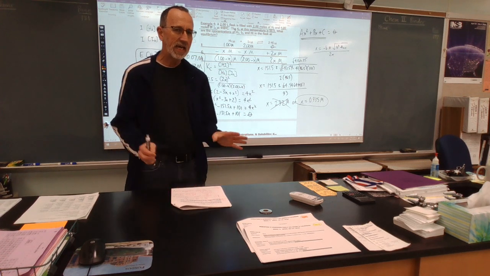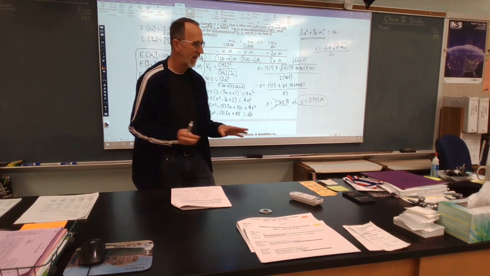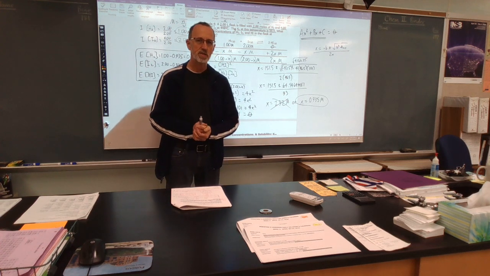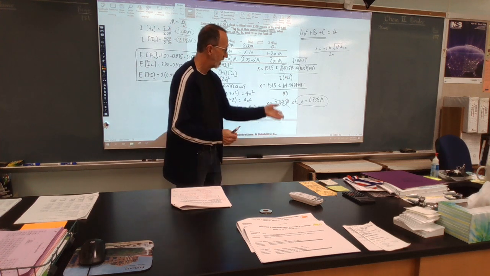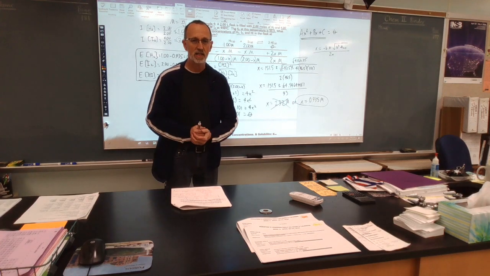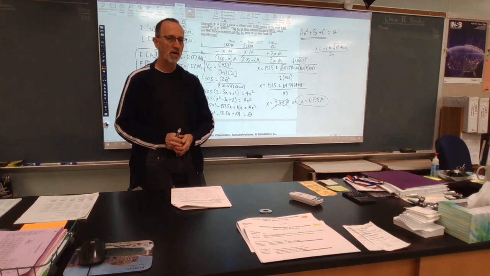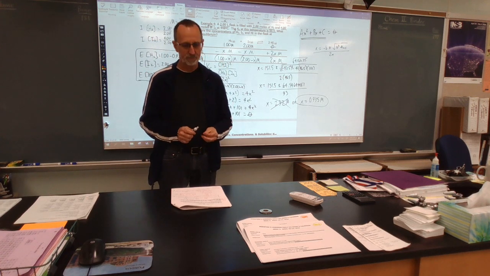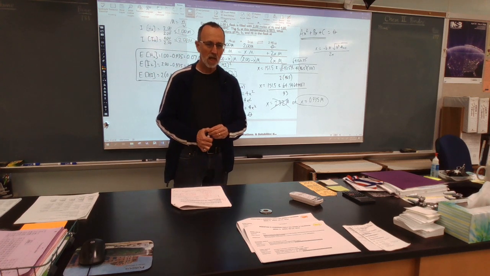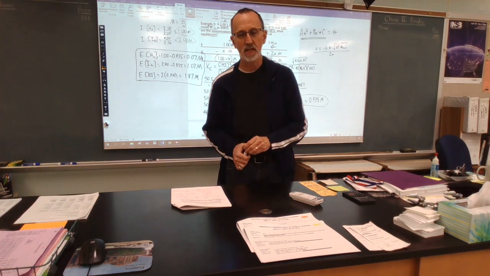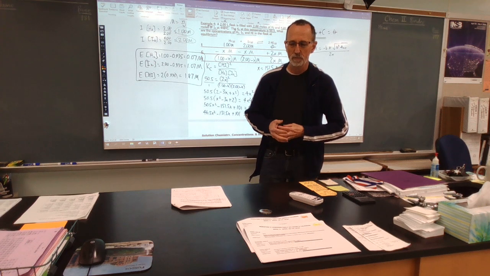So it's pretty easy to evaluate which of your two answers is correct. Either by, again, if one's negative, that's automatically out, or if they're both positive, go back up to your ice chart and check in there. Okay? So that's the lesson on the ice chart and quadratic formula.